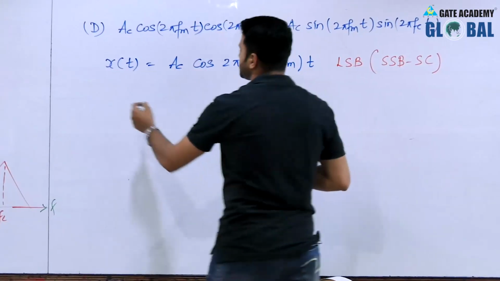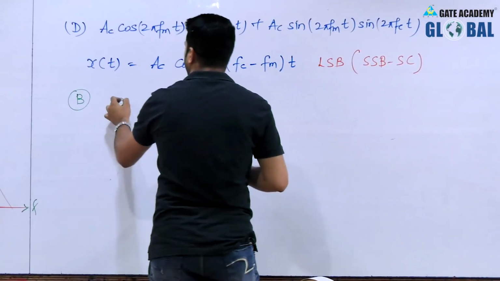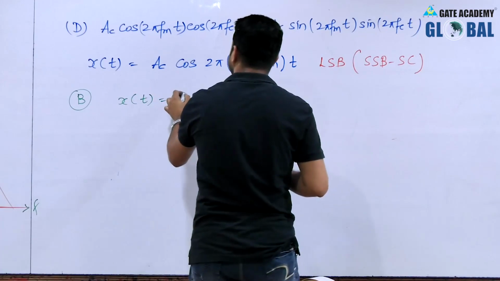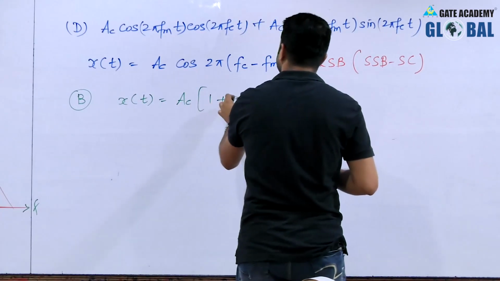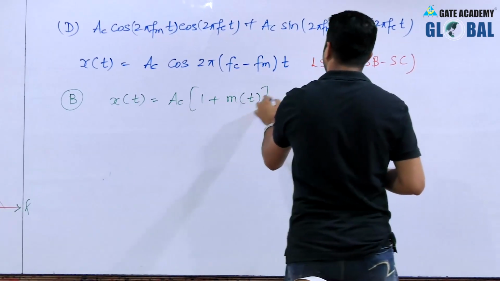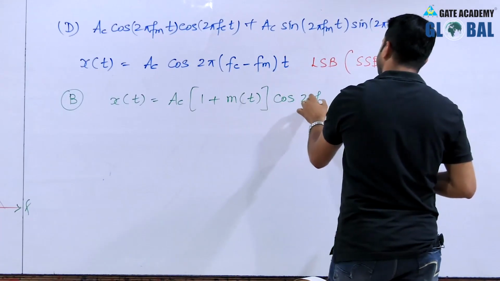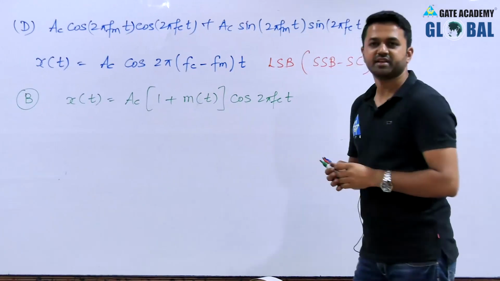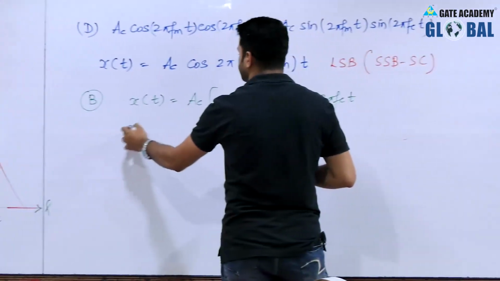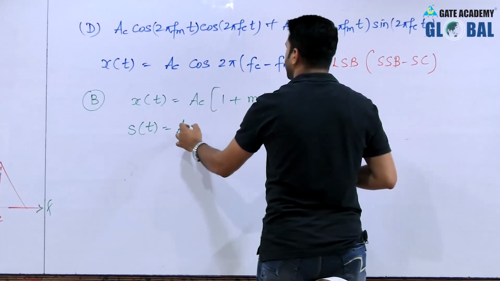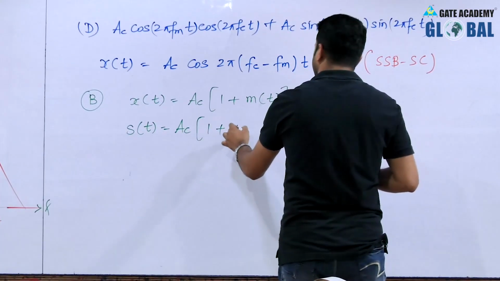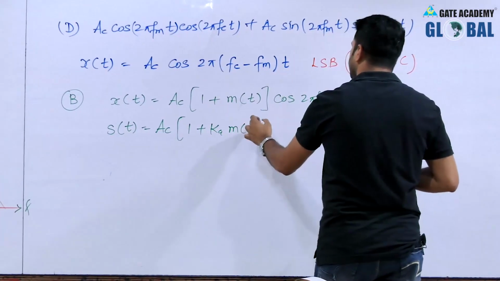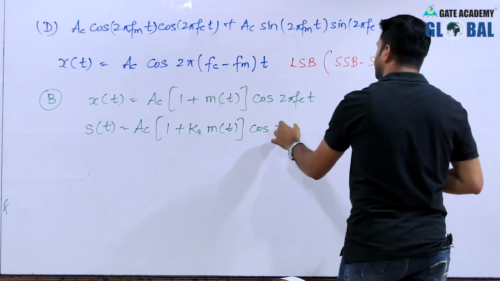Now let us consider option B. Option B, x of t is Ac 1 plus mt cos 2 pi fct. On comparing with the standard expression, our standard expression for AM is given by Ac 1 plus k mt cos 2 pi fct.